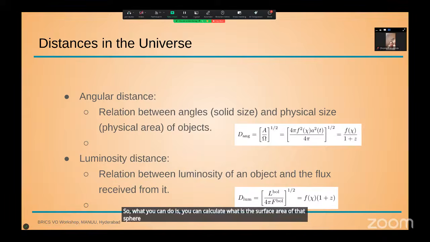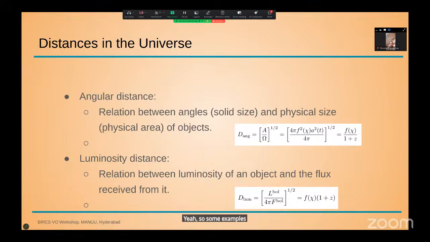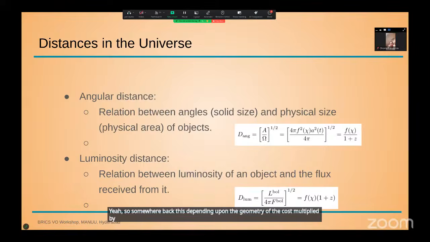I told you that the surface area will be 4 pi times some function of chi. Either it's chi square or sine chi by r or sinh chi by r and so on. So some f of chi, depending upon the geometry of the universe, multiplied by the scale factor squared. So this will be the physical area.